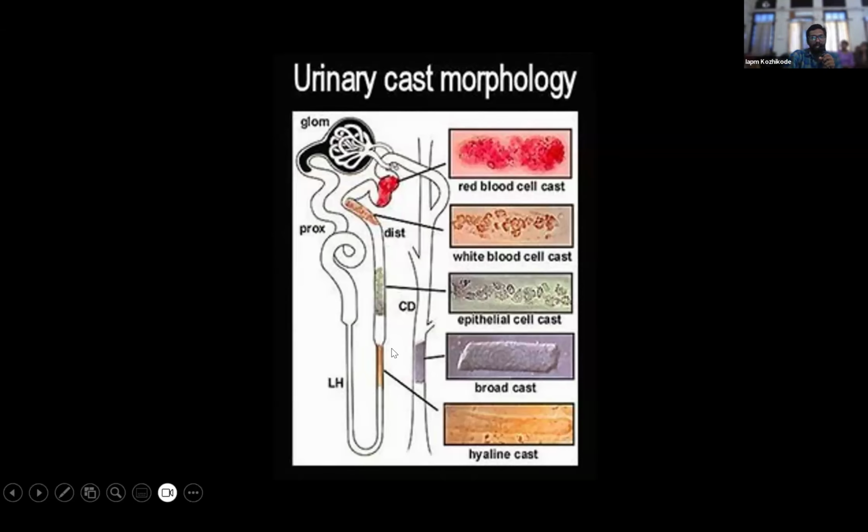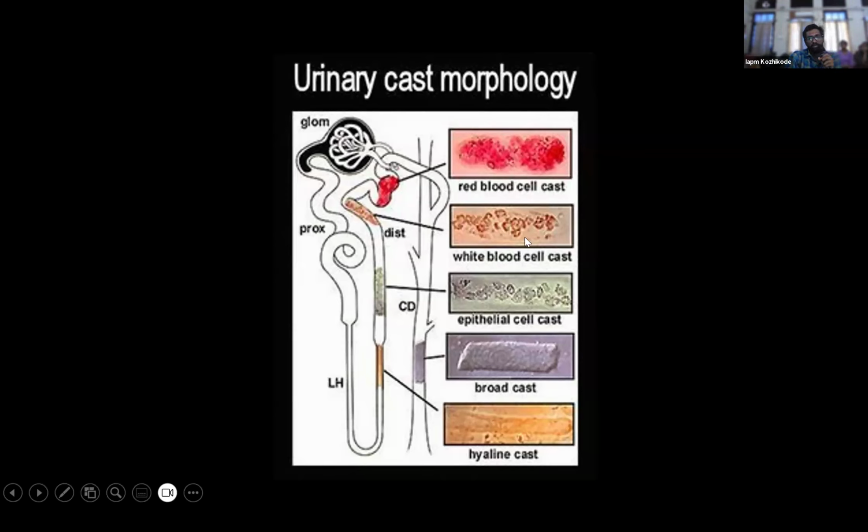We have the Tamm-Horsfall protein secreted by the ascending loop of Henle. Whenever WBCs, RBCs, tubular epithelial cells, or debris come out, they get embedded into this Tamm-Horsfall protein and form the cast.